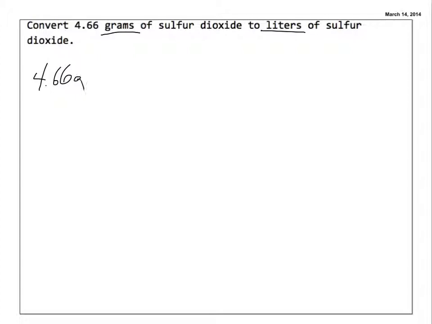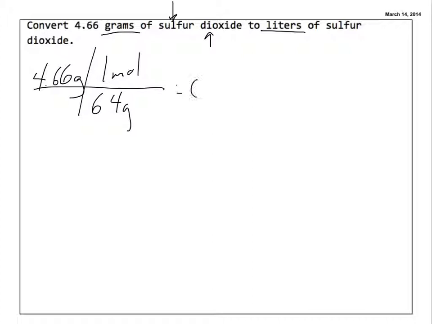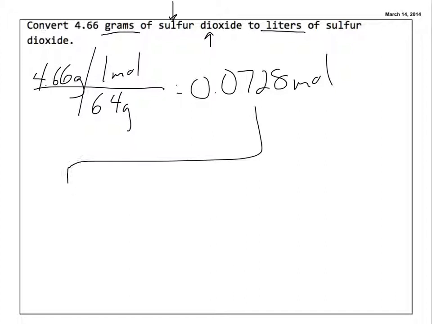4.66 grams of sulfur dioxide, and we just said that 1 mole of sulfur dioxide has a mass of 64 grams because it's 1 sulfur and 2 oxygens. So this is 0.0728 moles of sulfur dioxide, and then I need to convert that to liters because that's what the question wanted to know.